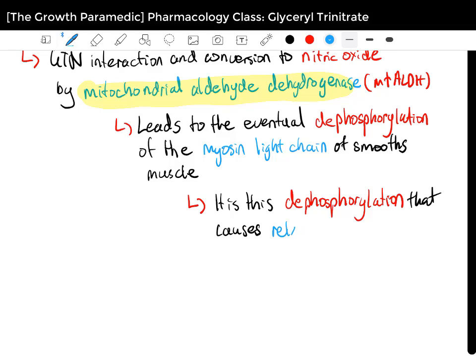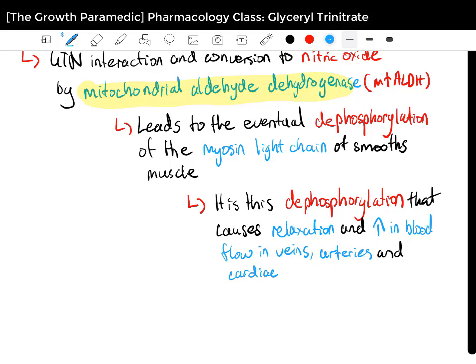If I can spell it properly, relaxation and increase in blood flow in veins, arteries, and cardiac tissues.